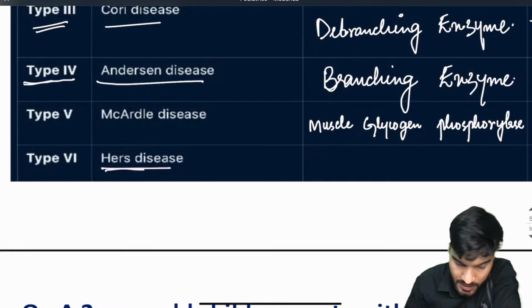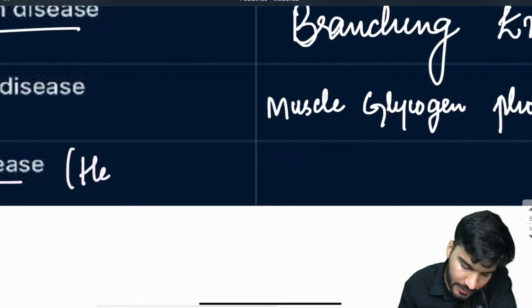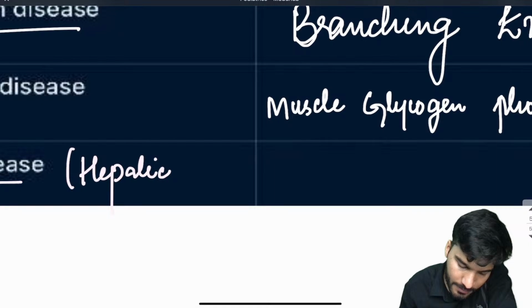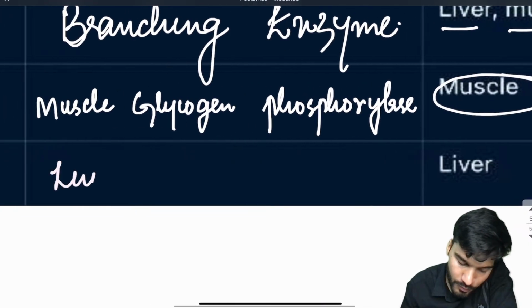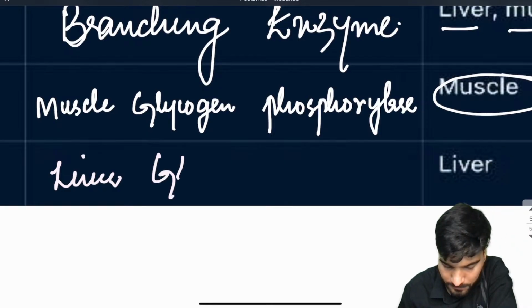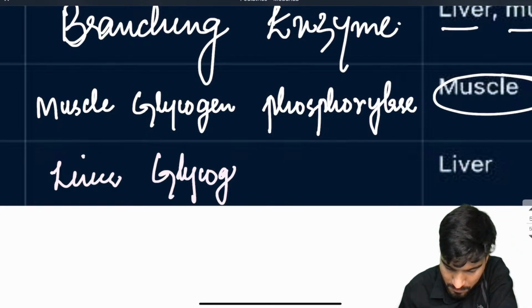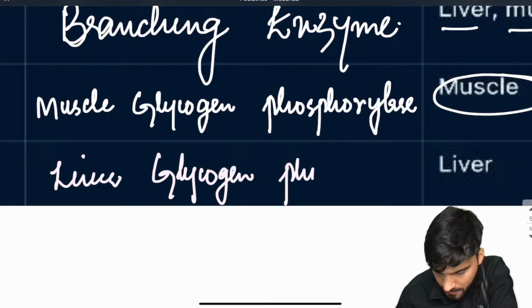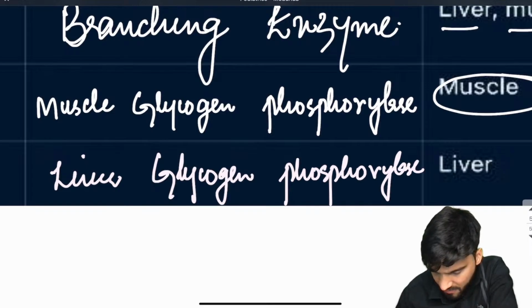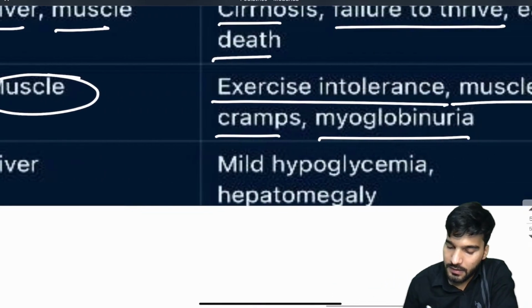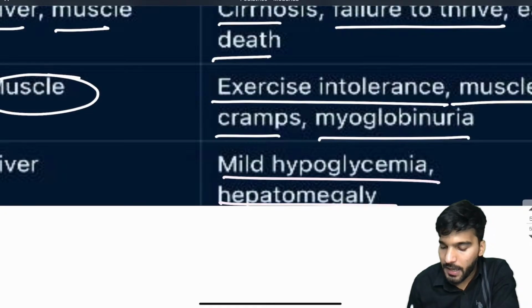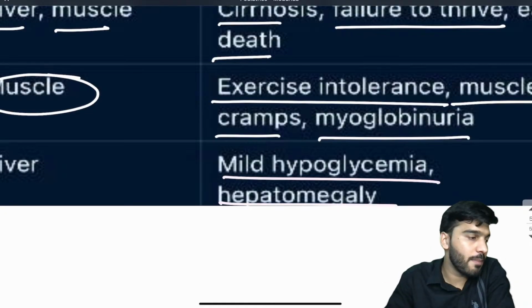H is Hers, H for hepatic involvement, liver involvement. So what is the enzyme deficient? It is liver glycogen phosphorylase, and the key features are mild hypoglycemia and hepatomegaly.